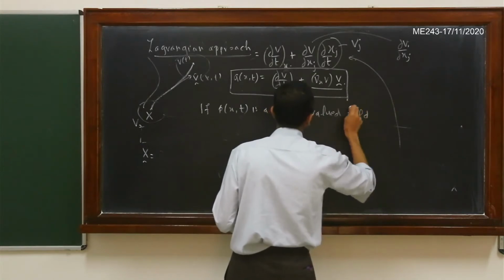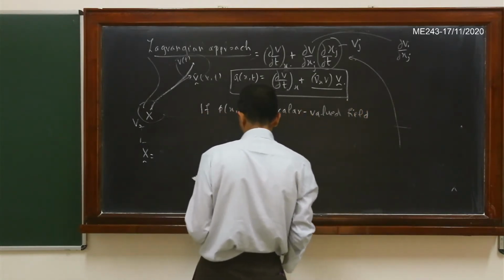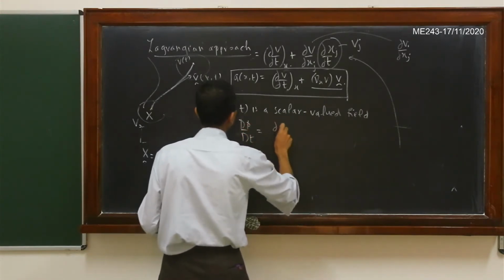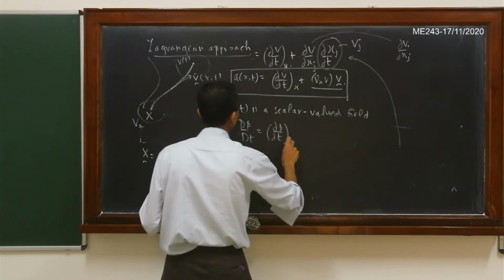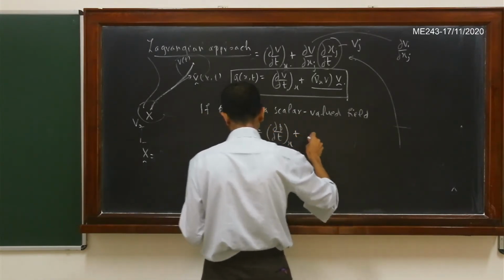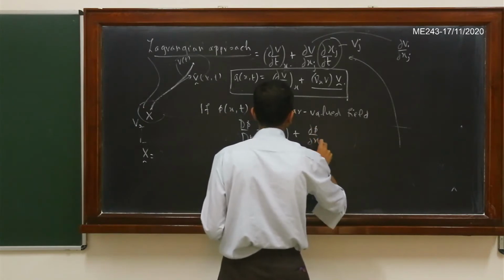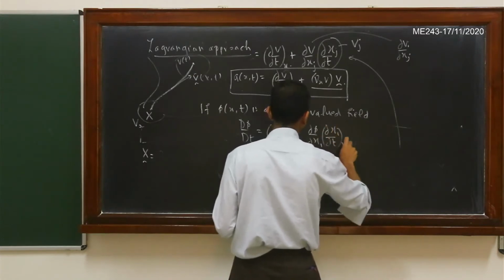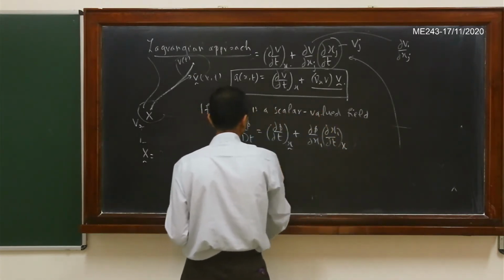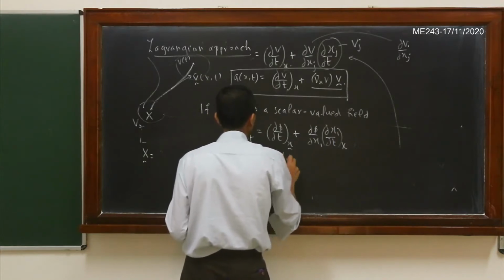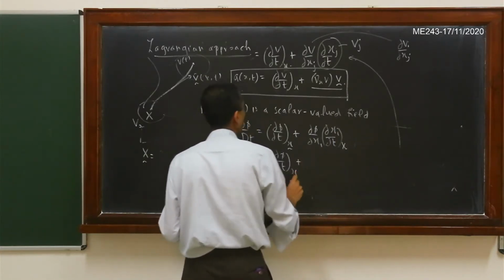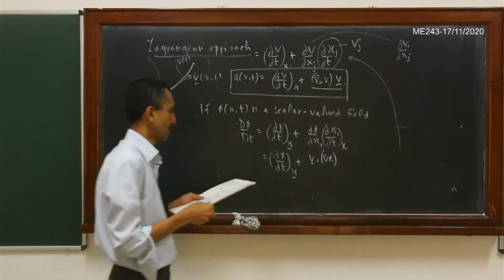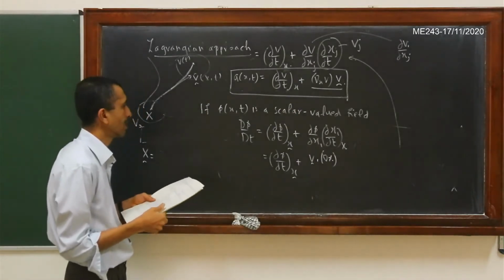Then its material derivative, d phi by dt, is equal to del phi by del t, keeping capital X fixed, plus del phi by del x_i times del chi_i by del t, keeping capital X fixed. This is equal to del phi by del t, keeping small x fixed, plus v dot del phi. This is the way we will write this whole thing.